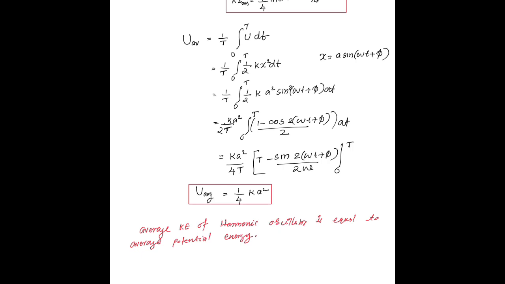I took k A square by 4T out, then the integral becomes T minus sin 2 theta by 2 omega. Then applying the limits 0 to T, the same will come: T will remain, so it is 1 over 4 k A square. So the final result I am going to state is that the average kinetic energy of a harmonic oscillator is equal to the average potential energy. Both are the same, 1 by 4 k A square.